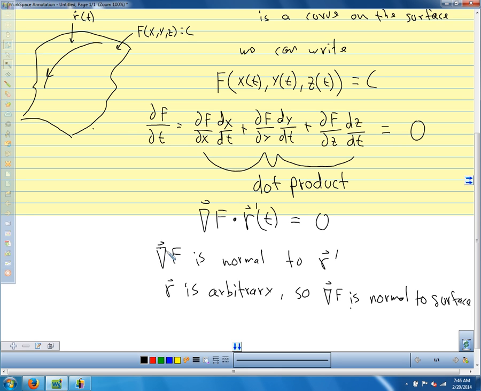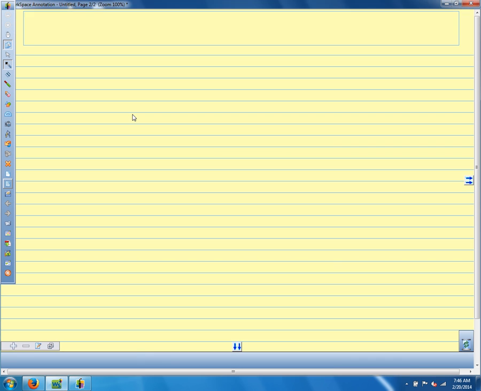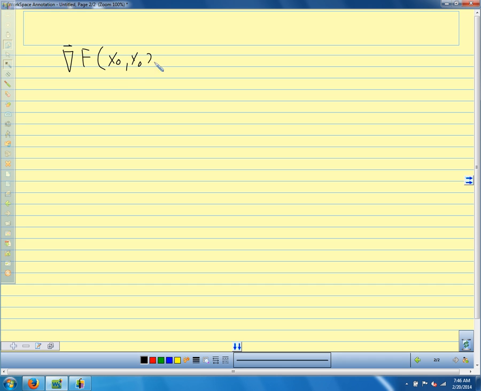So a couple of conditions here. We want del f at that particular point, x0, y0, z0, not equal to 0, because if our gradient is equal to 0, then the dot product with any vector is 0.